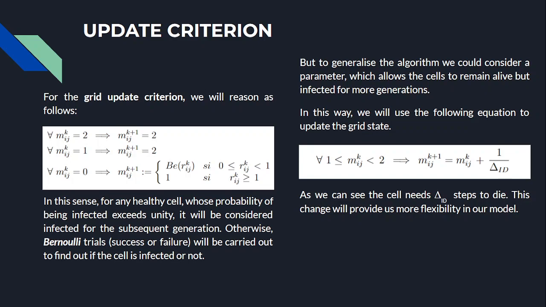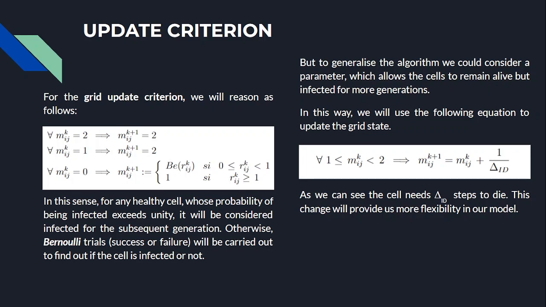Once we get the neighborhood relationship, we are going to establish an update criterion for our grid. Firstly, let's suppose that the cell is healthy. Then, when the probability of infection is higher than unity, due to this previous aggregation in the neighborhood relationship, this cell will be infected immediately.